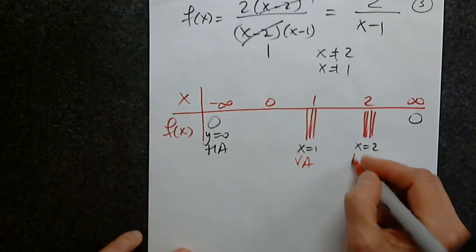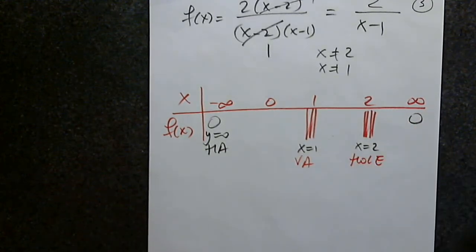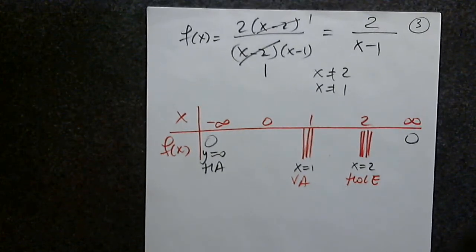If it goes away, it's a hole. So the factor in the denominator is x minus 1, so x equals 1 will always be a vertical asymptote. And the factor that goes away is no longer there, so x equals 2 is a hole.